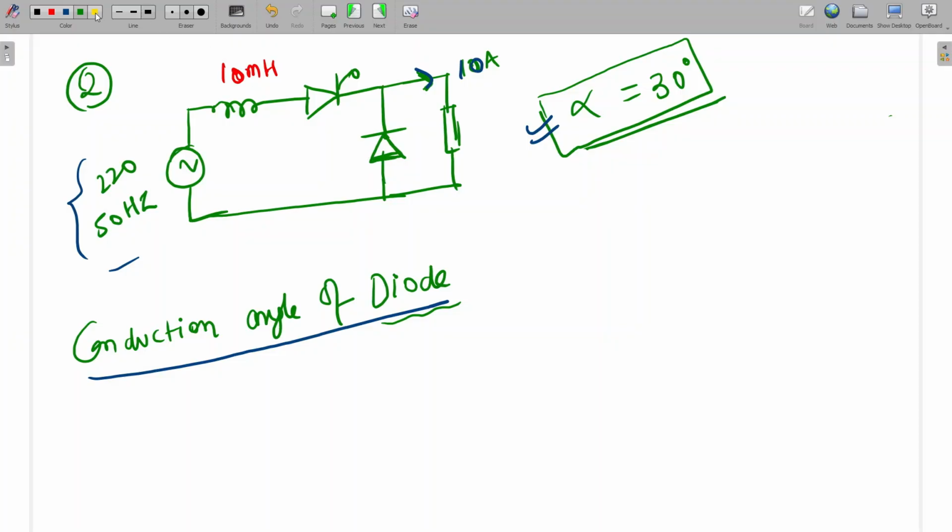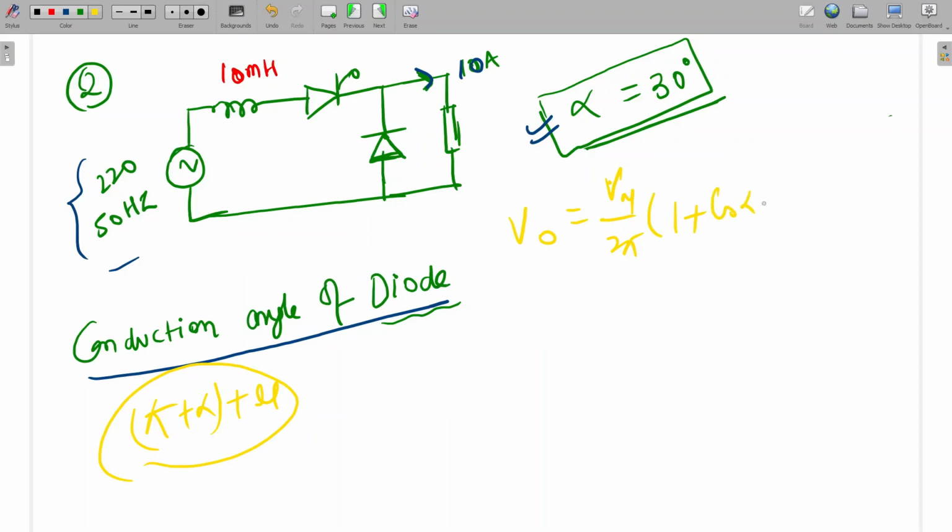Is it V naught, VDC, by 2 into 1 plus cos alpha plus mu? Mu we have to find, sir. Yes. V naught is equal to Vm upon 2 pi into 1 plus cos alpha plus mu.